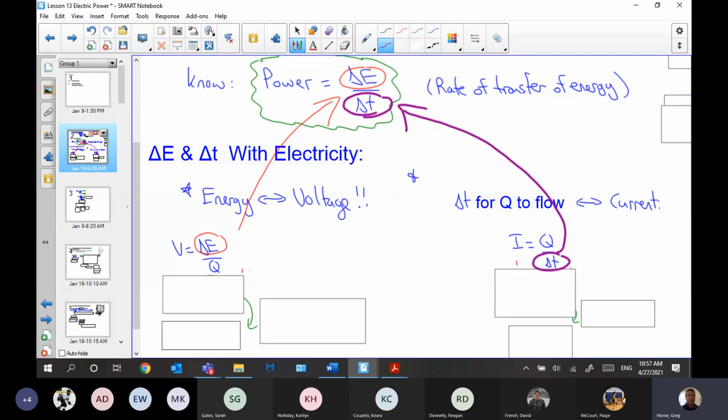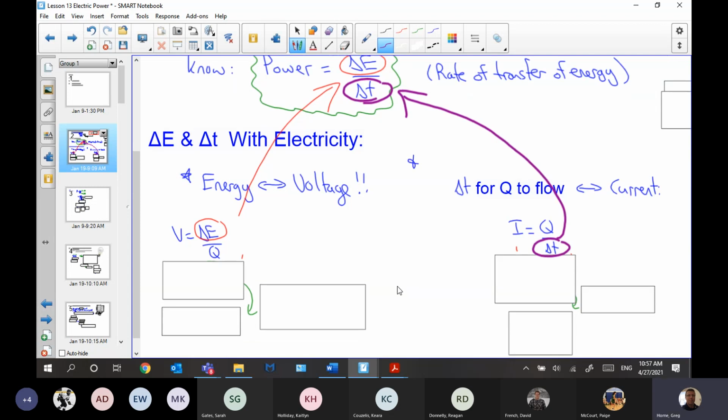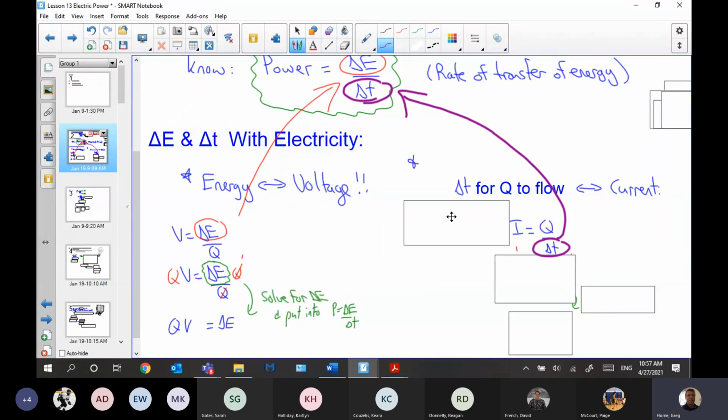We're substituting known relationships into, well, we have 3 known relationships, and we're substituting these 2 electric ones into this familiar power one from grade 11. So that means I'm going to solve for delta E in this one and get Q times voltage. So the amount of charge times the voltage is going to go in the top soon, right? So we're just solving for delta E, and then we're going to put it in as my arrows show.